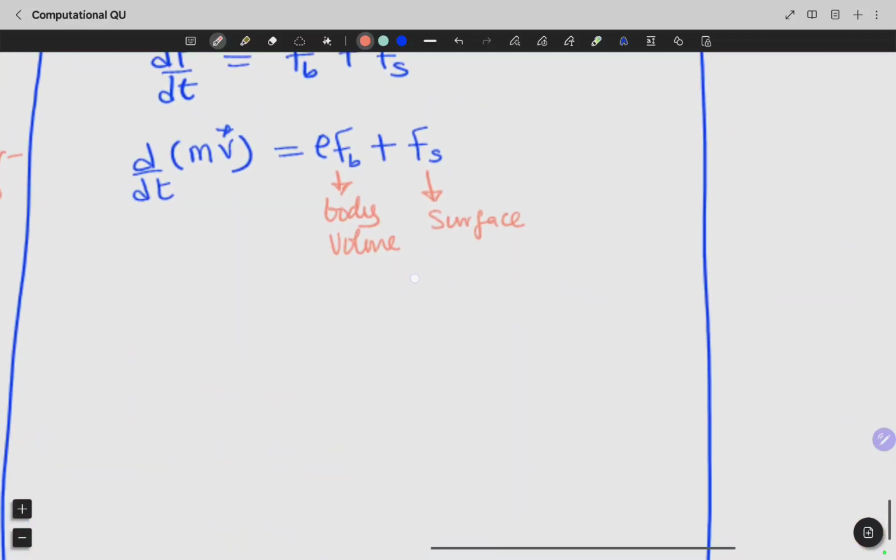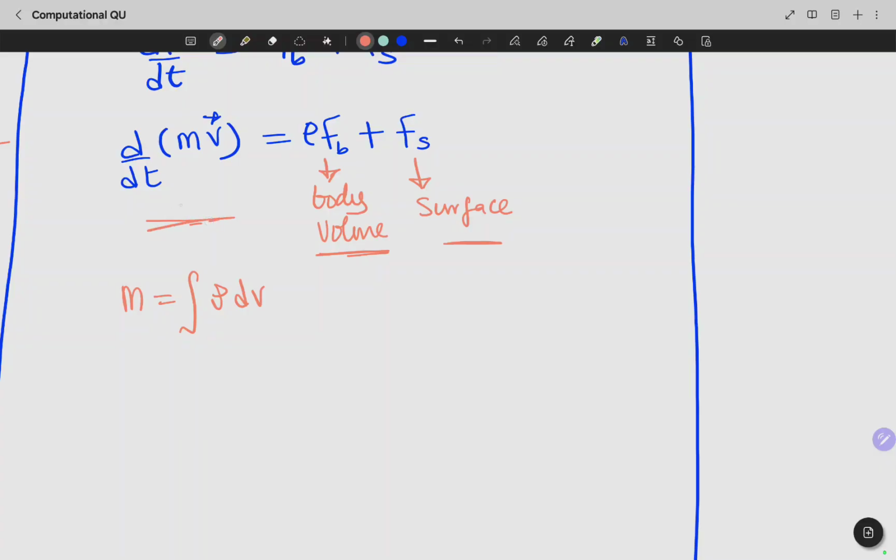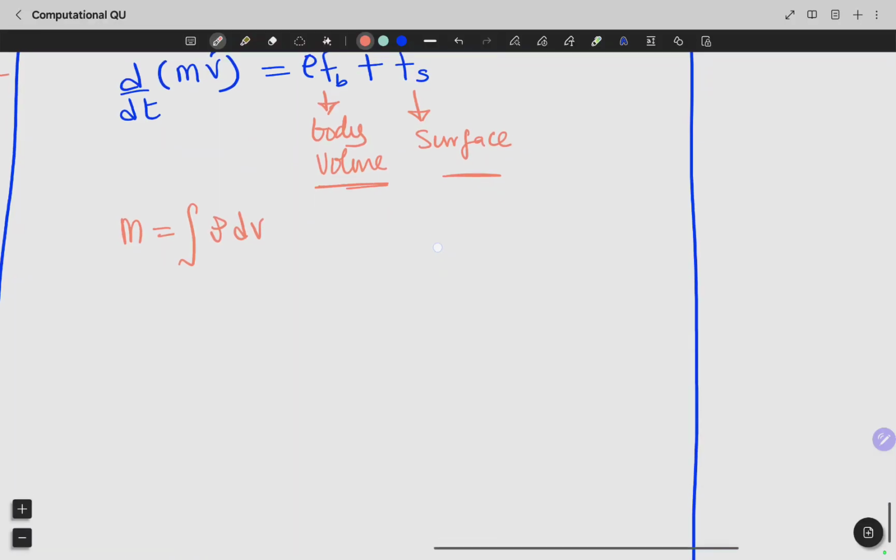In this regard you're going to integrate here. So m is the total mass, it's the integral of rho dv, and we integrate this guy across the volume, this guy across the surface, this guy across the volume. That's what we're going to be implementing.